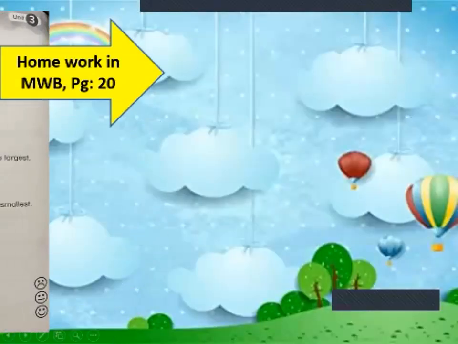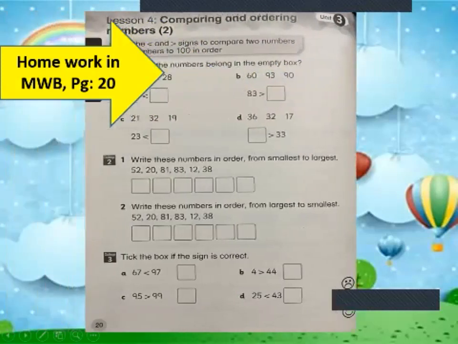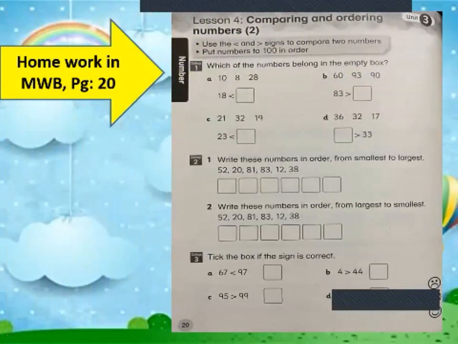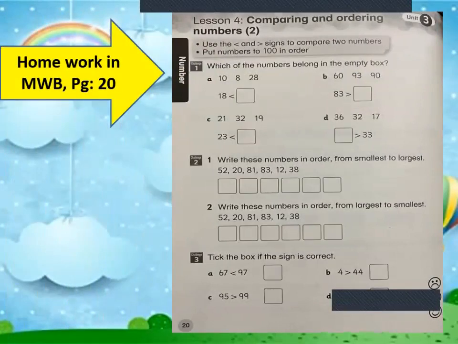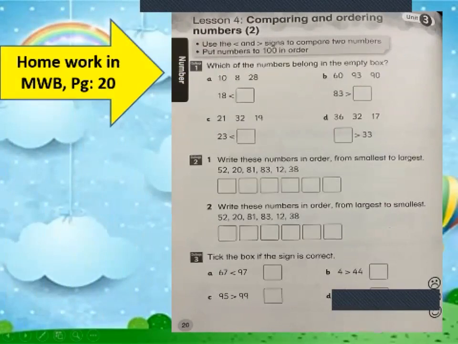Now, today's homework. You have to do the homework in MWB book, page 20. Challenge 1, challenge 2, challenge 3. In challenge 1, which of the numbers belong in the empty box? And in challenge 2, question 1, you have to write these numbers in order from smallest to largest.